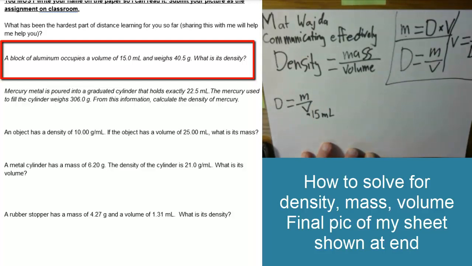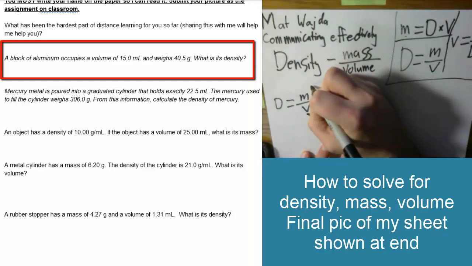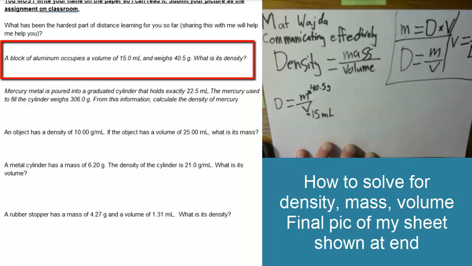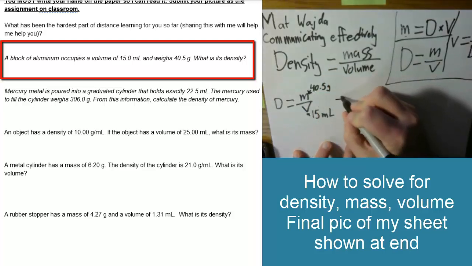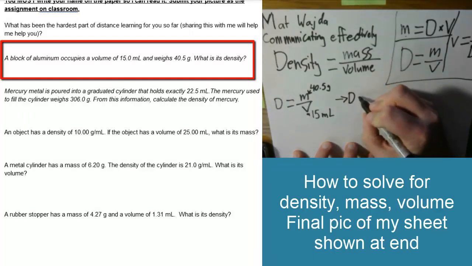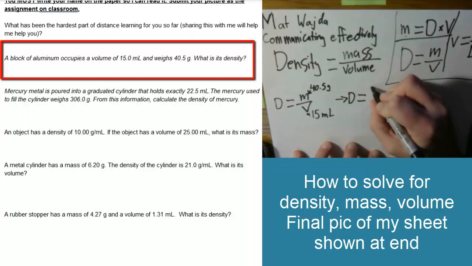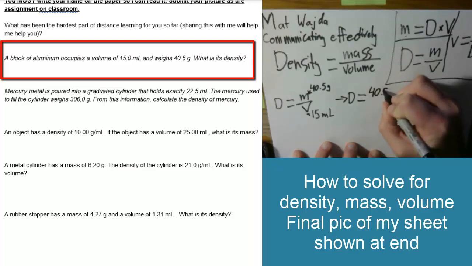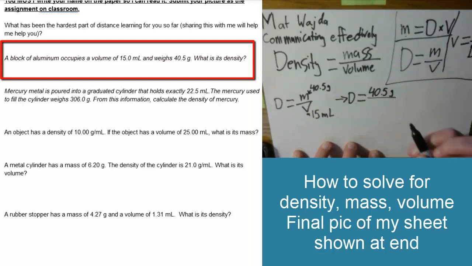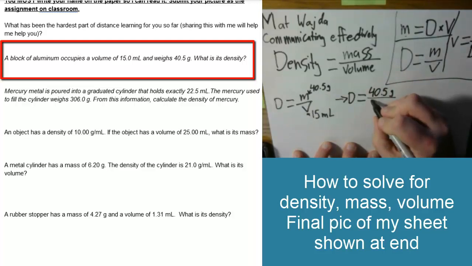And we know it weighs 40.5 grams, so that means 40.5 is going to go there. That means we have density equals 40.5 grams, because that's what's in the problem, divided by 15 milliliters.